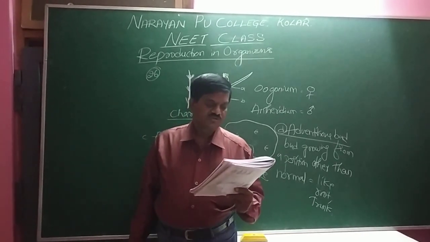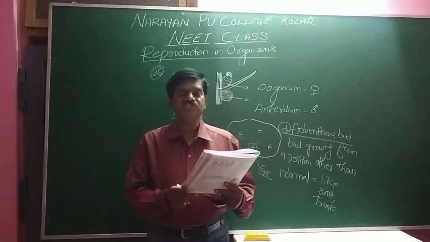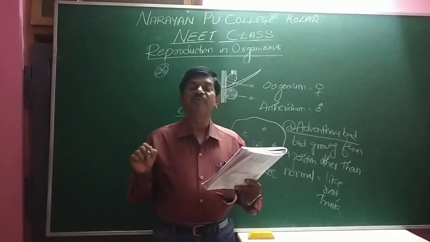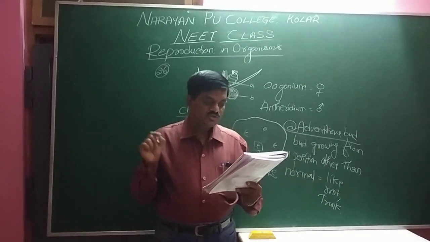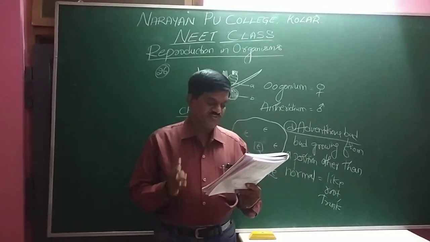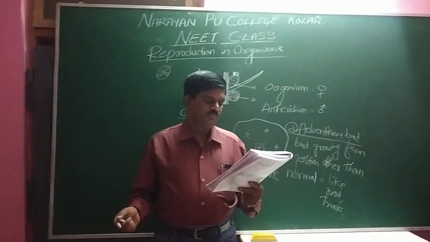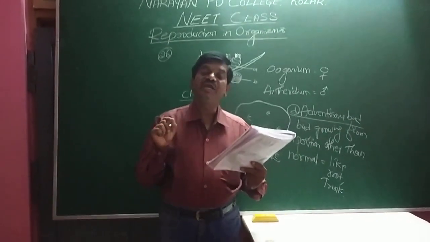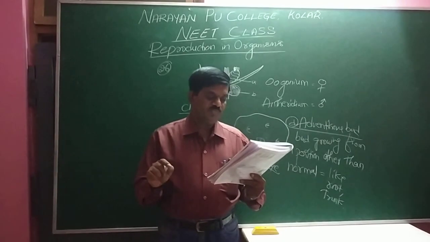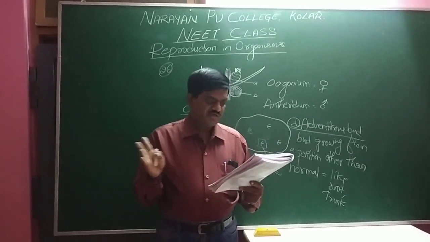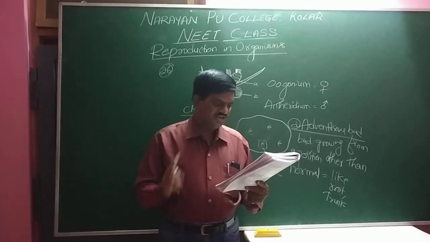Next, 33. Match the following and choose the correct combination. I am reading out the right options from column 1 and column 2. First one, date palm. Date palm is dioecious. The meaning of dioecious is that male and female are different.